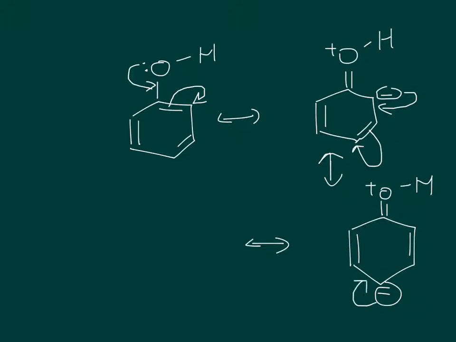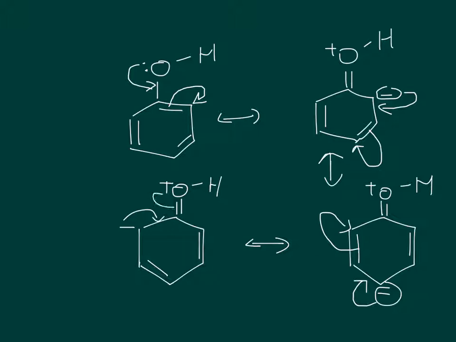This pair of electrons can come down there to form that double bond there, but this double bond would have to break, and those two electrons have to sit on that carbon there, which would mean I end up with a negative charge there, double bond there, and again the top remaining the same. And then the final would be that goes there, and I end up at my original structure.